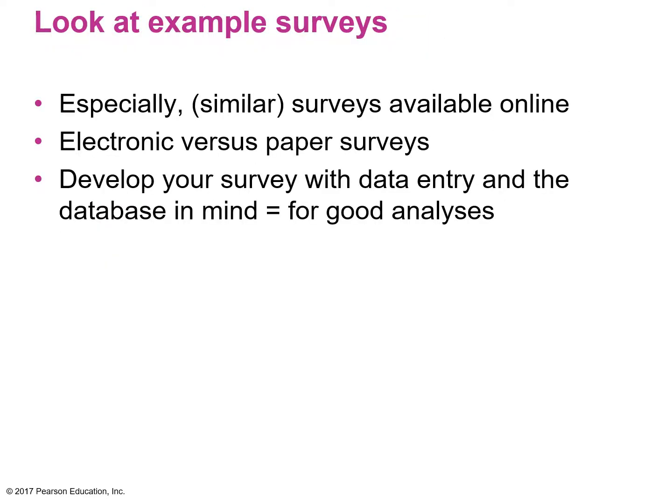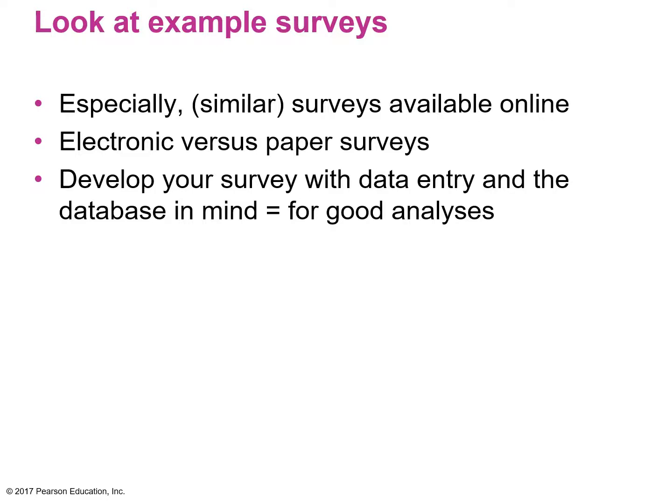Okay, so really important is to look at example surveys, especially try to look for surveys that are similar to your topic. As I mentioned, look at some of the surveys that we have available online, our national and local surveys. For this class, just as practice, we're going to do electronic versus paper.